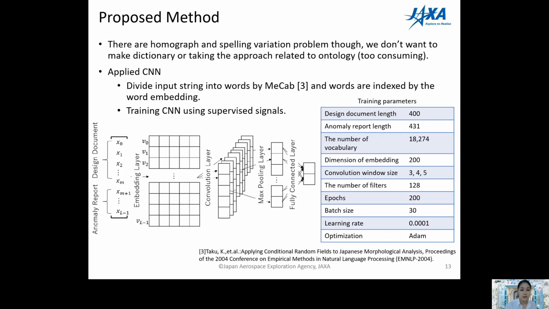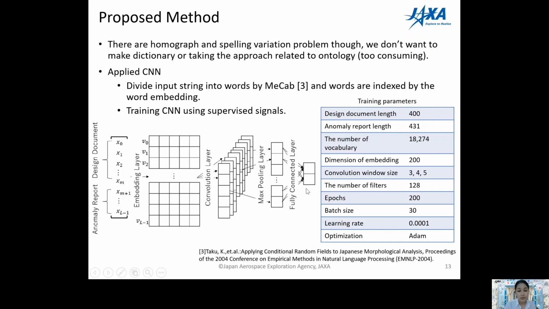The convolutional neural network model is represented in the bottom part of the page. We input the design document words and also the anomaly report words and go through the convolutional network.